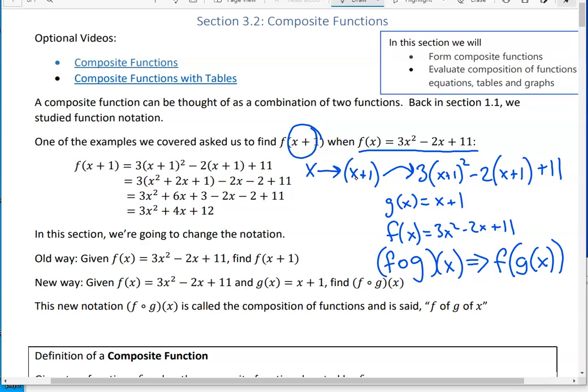Kind of crazy looking. I put g of x where the x was. That's the same as saying wherever I see an x, put a g of x where you see x and do the same thing to g as you were doing to x. It's one more level of, call it abstraction, complexity in the algebra.